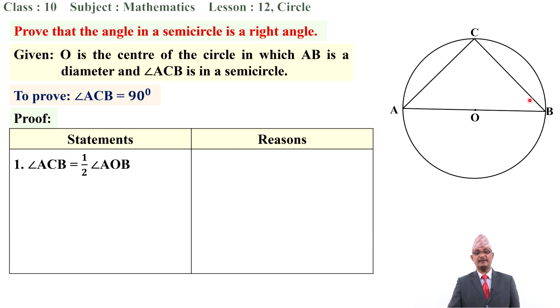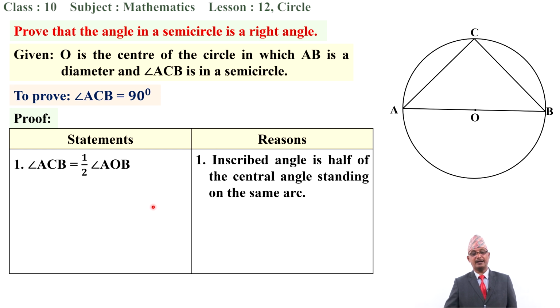So ACB is the inscribed angle standing on the arc AB. Similarly, this AOB is the central angle standing on the arc AB. So the inscribed angle is half of the central angle. What is the reason? Inscribed angle is half of the central angle standing on the same arc. But we have to prove this angle ACB is 90 degree. How can you prove angle ACB is 90 degree?